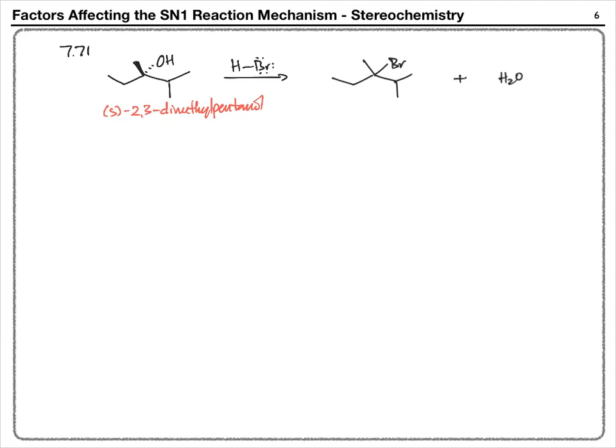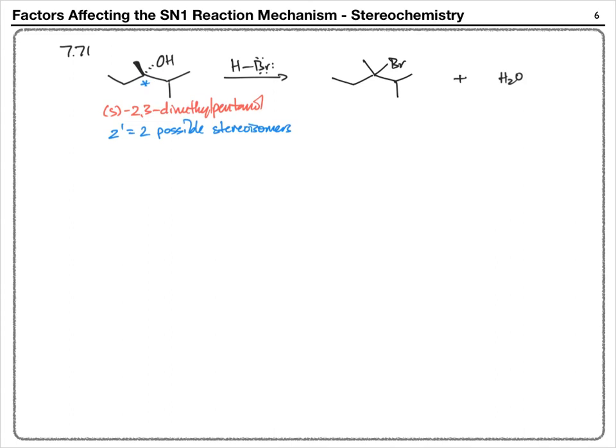How many stereogenic carbons are in the starting material? So we have one. So there's a review. We have 1, 2 to the 1 is 2 possible stereoisomers.